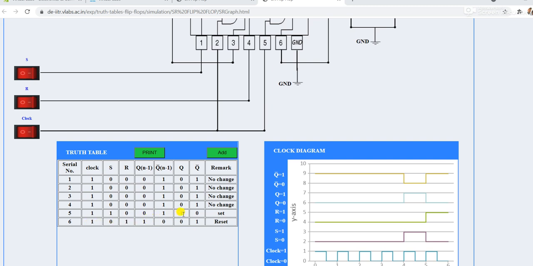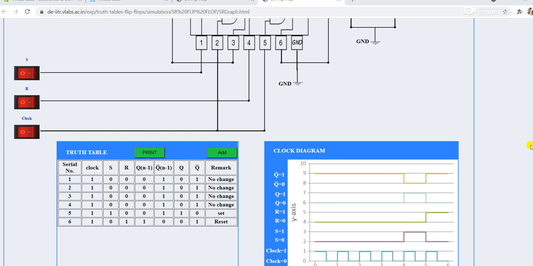The previous state was 1, 0, and the next state, for R equal to 1, is that your flip-flop will be reset. Reset means 0, so the present output Q will be 0 and Q bar will be 1.